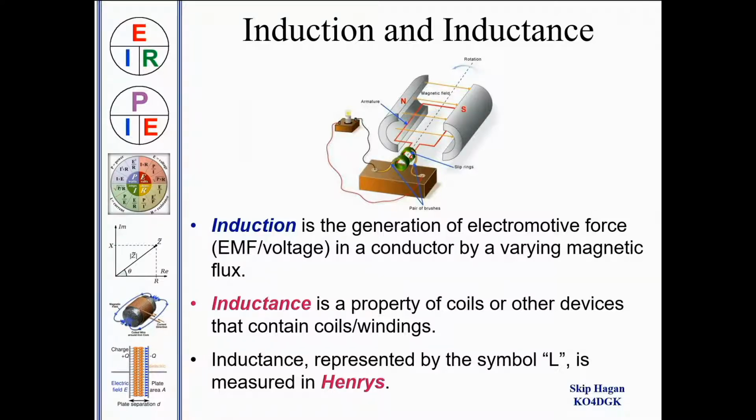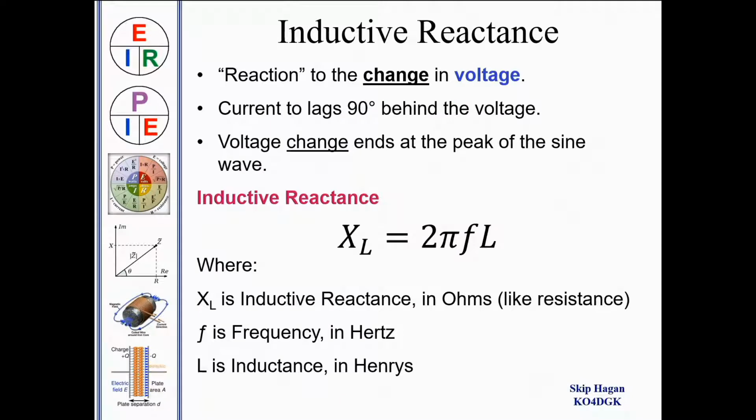And the unit of measure for inductance is henries. So, inductive reactance. Inductive reactance is a reaction to the change in voltage. Current is going to lag 90 degrees behind the voltage.